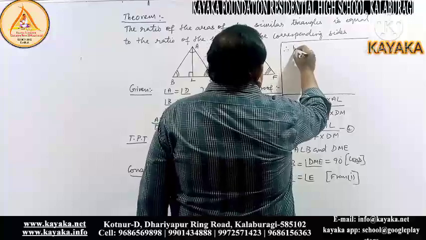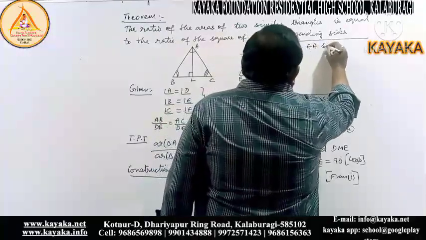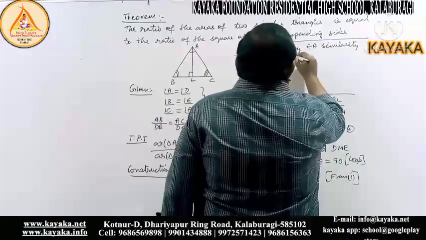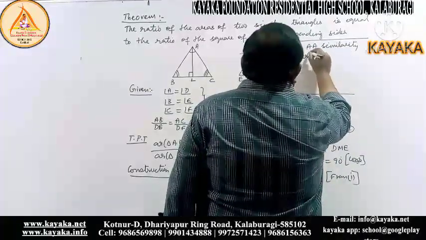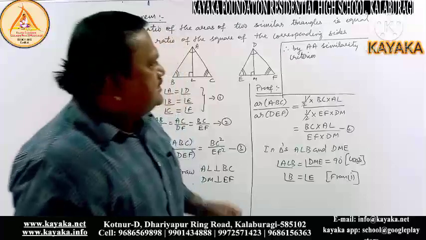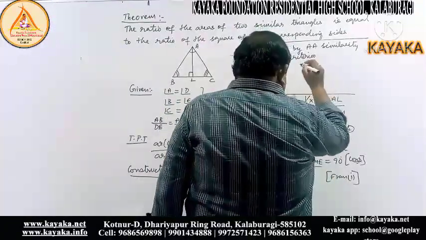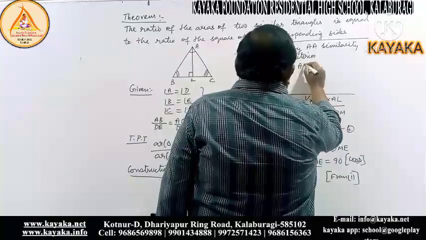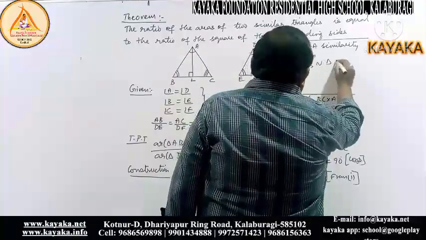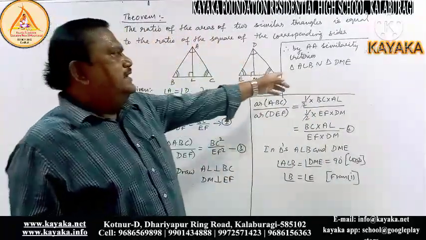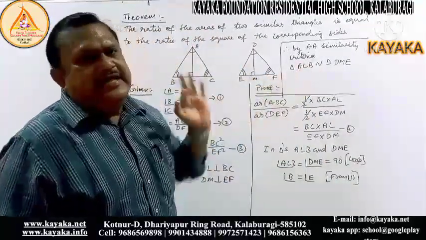Therefore, by AA similarity criterion, we get triangle ALB is similar to triangle DME.